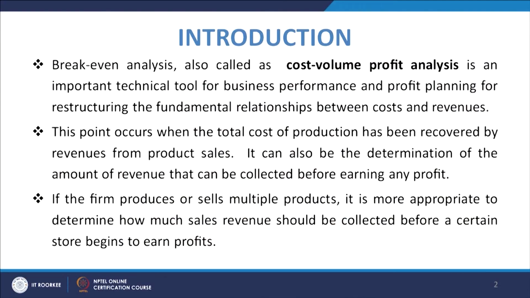This point occurs when the total cost of production has been recovered by revenues from the product sales. That is what we discussed: when we start selling the product and get revenue from the sales, slowly we come to a stage where the cost which has gone in and the revenue we are getting are balanced.